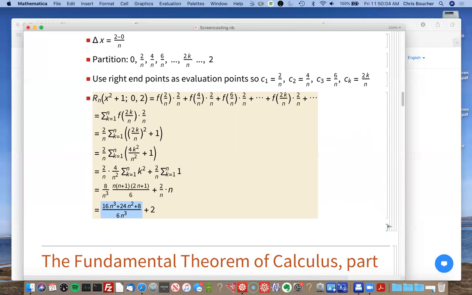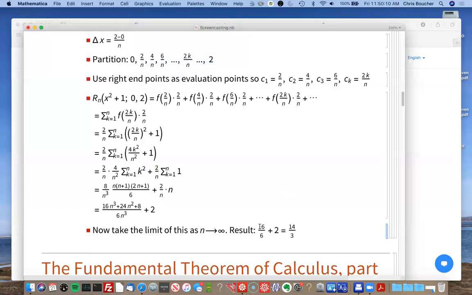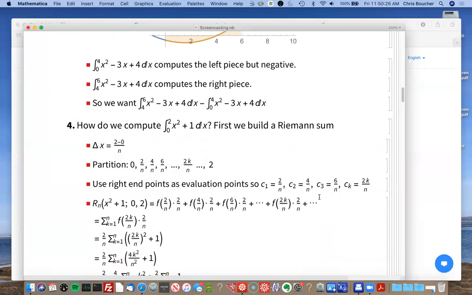The leading terms are the terms with the highest power of n. And so that limit comes out to be 16 over 6, the ratio of the leading terms. And of course, the limit of the constant 2 is just 2. So I get 16 over 6 plus 2, and when I do a little arithmetic, that comes out to be 14/3. And we have computed our first sort of non-trivial integral.